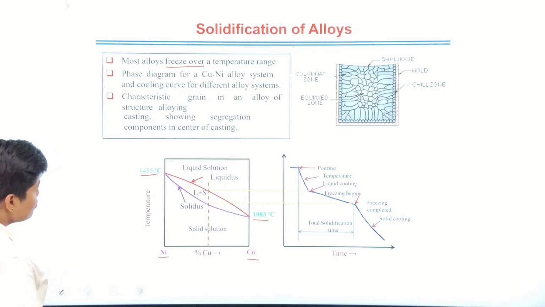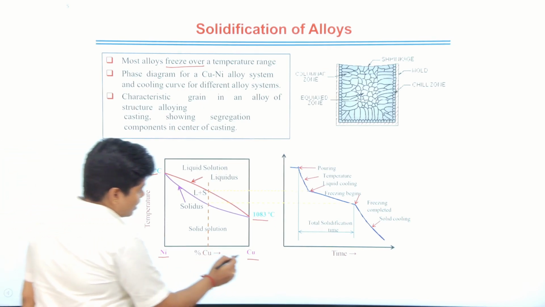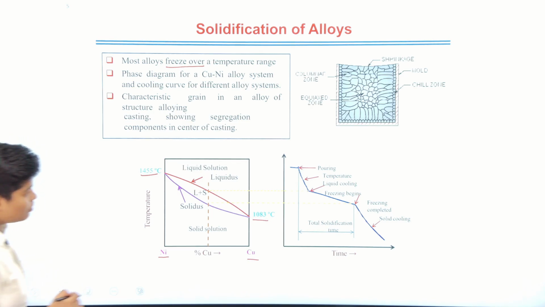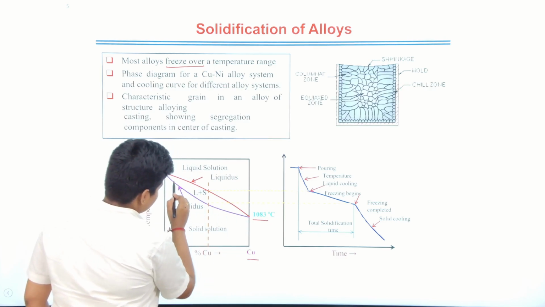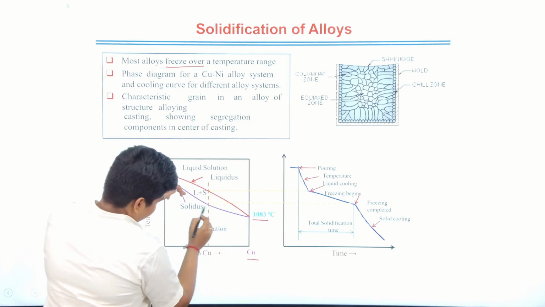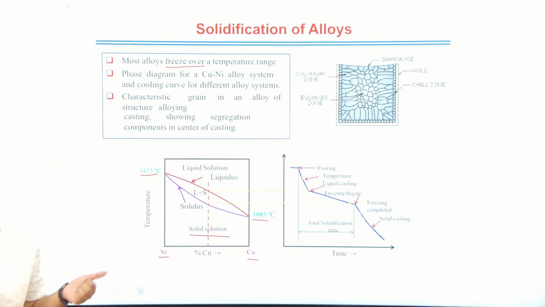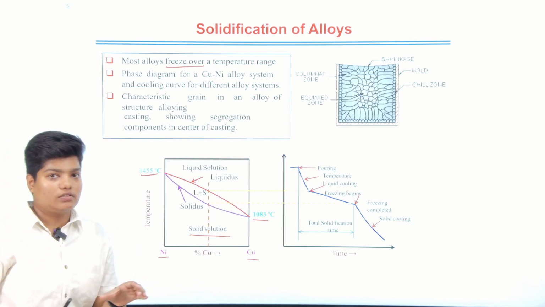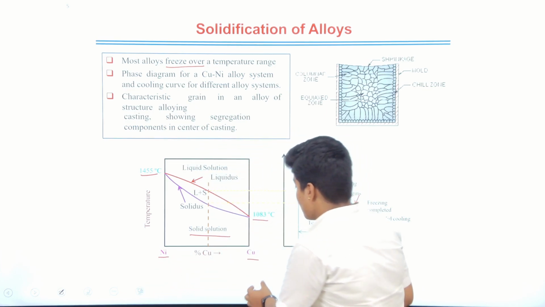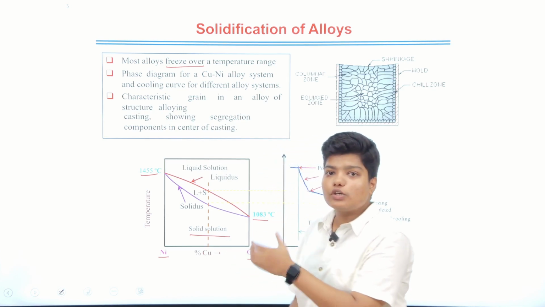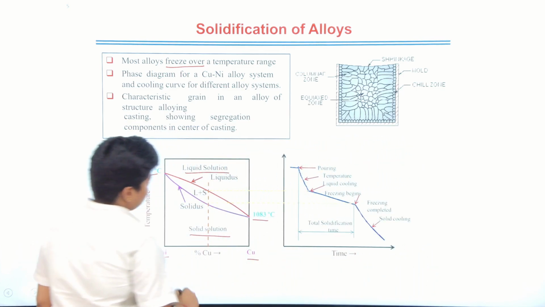Okay, so what happens as we decrease the temperature? The nickel and copper alloy will mix together and form the liquid solution. This curve and this curve, down to this blue line, is known as the solid solution. Solid solution means some solid nickel and some solid copper plus liquid mixture of the two metals. Above the red line is known as the liquid solution or liquidus.